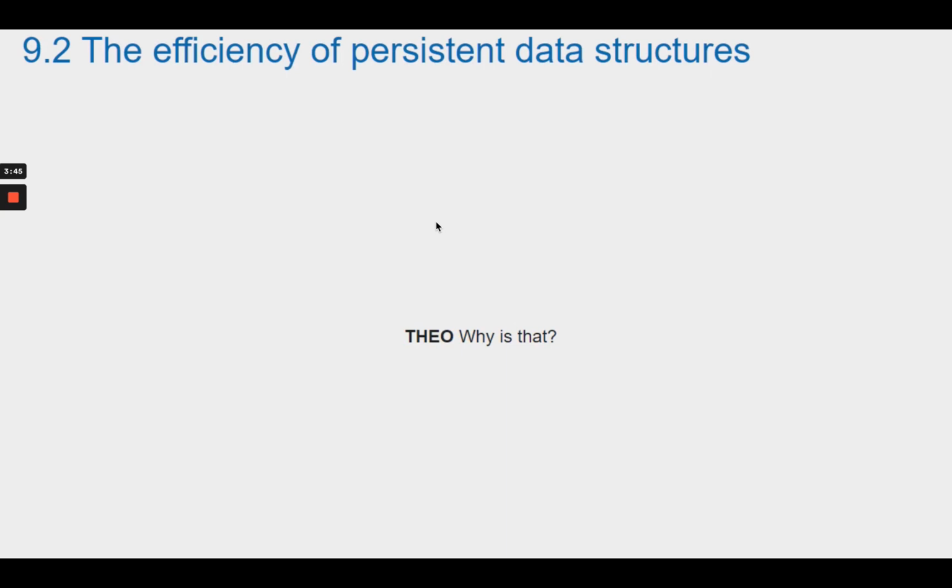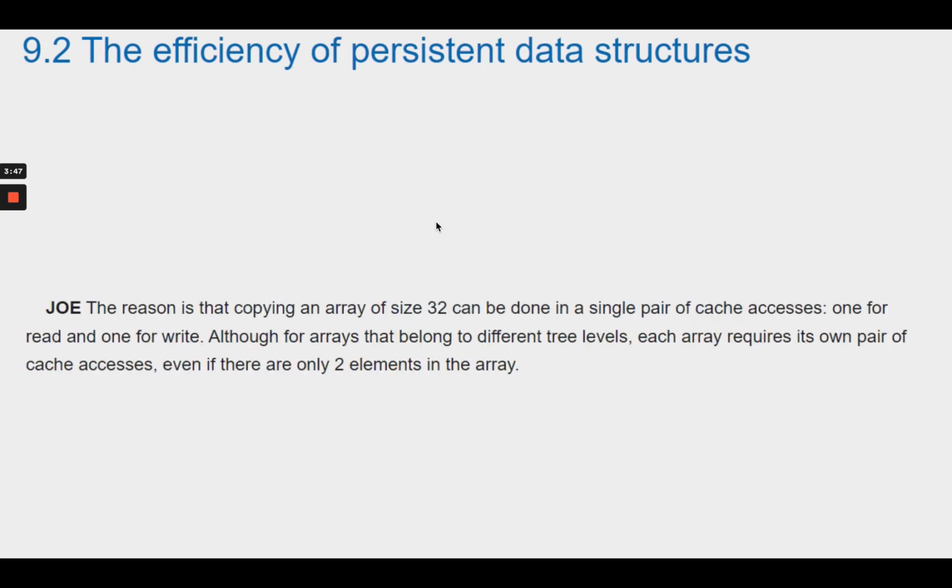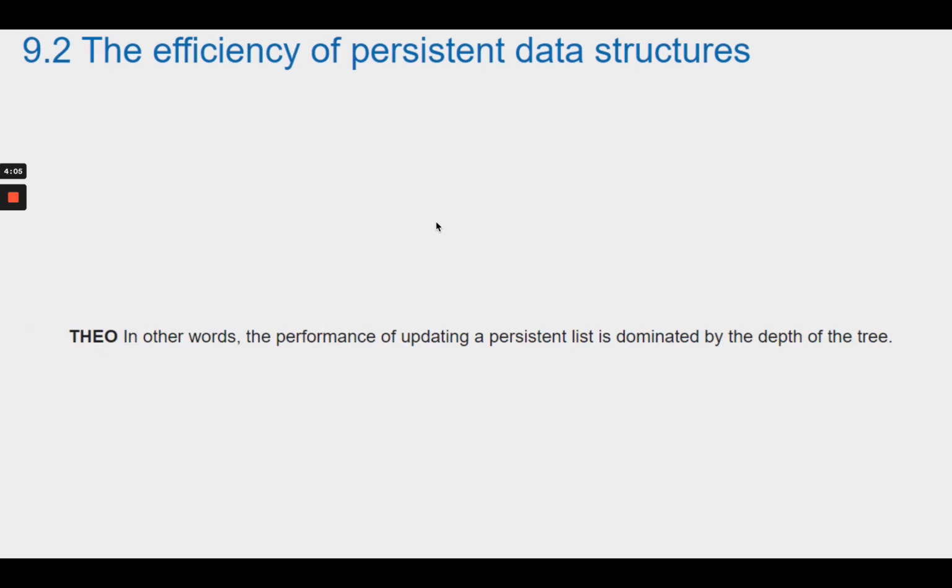Theo: Why is that? Joe: The reason is that copying an array of size 32 can be done in a single pair of cache accesses, one for read and one for write, although for arrays that belong to different tree levels, each array requires its own pair of cache accesses, even if there are only 2 elements in the array.